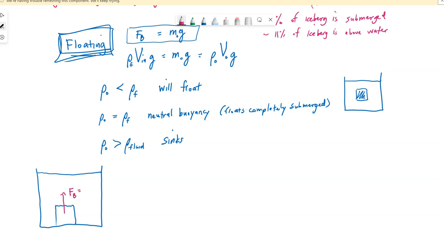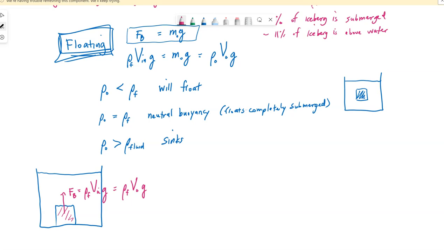And this buoyant force will equal the density of the fluid, the volume in, meaning the volume of this block. Since the block is completely submerged, we could just say V sub o, meaning the volume of the object. So that is our fundamental equation for buoyancy forces.